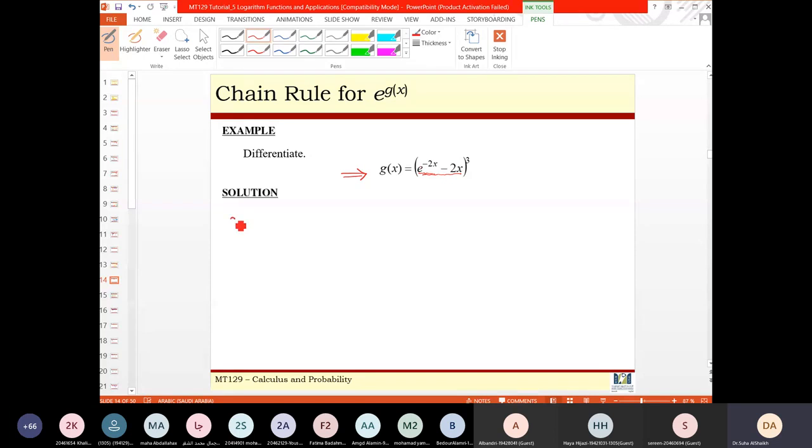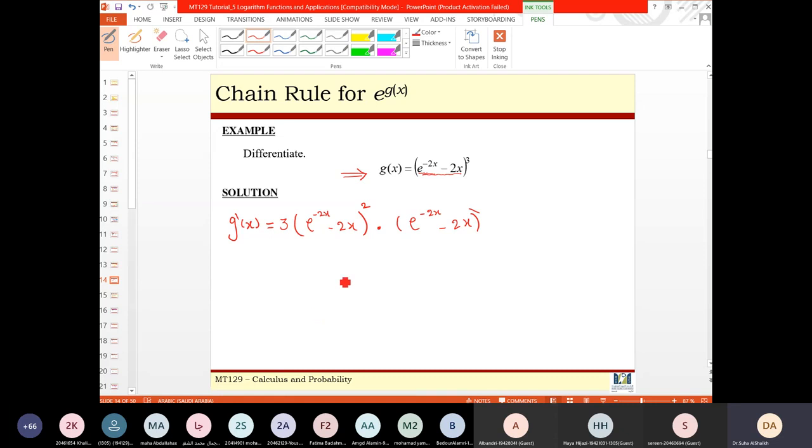So let's do the first step. I want to find g dash of x. Now I have a bracket to a power 3. So the derivative is 3 times the bracket to a power 2, right? But multiplied with the derivative of what is inside, the derivative of exponential minus 2x minus 2x dash.